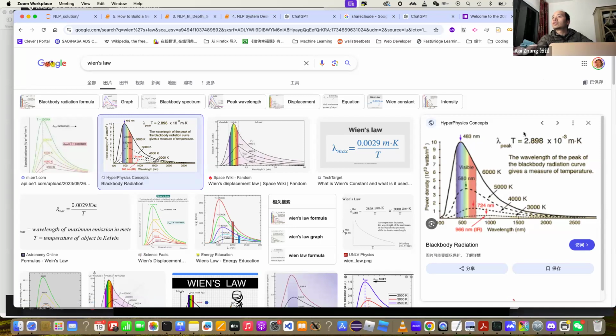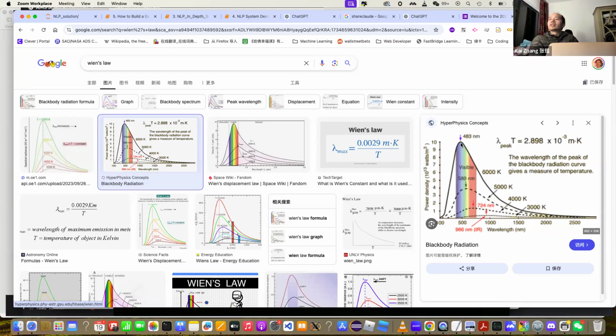So precisely this is Wien's law. The lambda peak is the peak of the black body emission, the peak of the distribution.